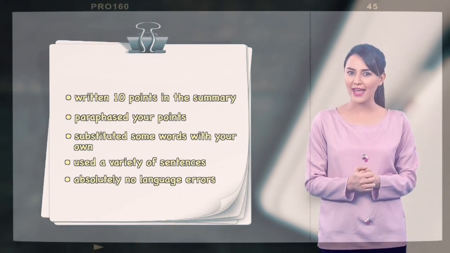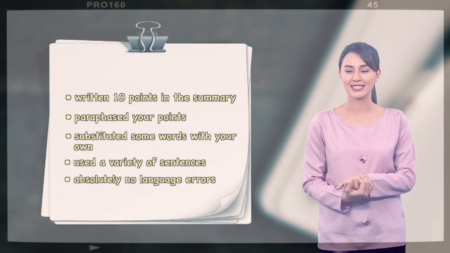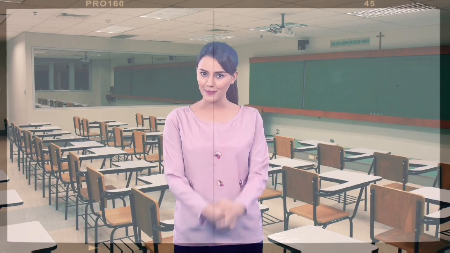So try to do all that in order to maximize your chances to get extra marks. If you are not so confident, you may lift the points directly from the passage. That way, you will get more marks for content and not get penalized as much for language.